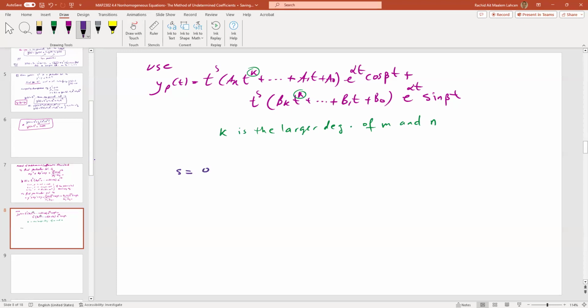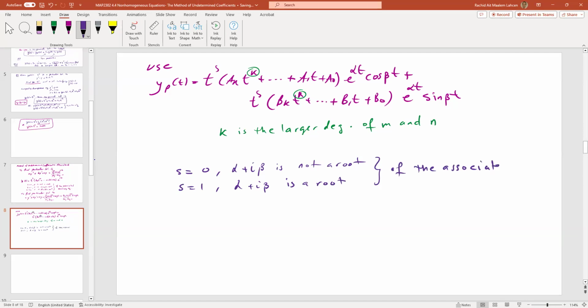Then we can go back to say s is 0 if alpha plus i beta is not a root. s equal 1 if alpha plus i beta is a root of the associated equation.